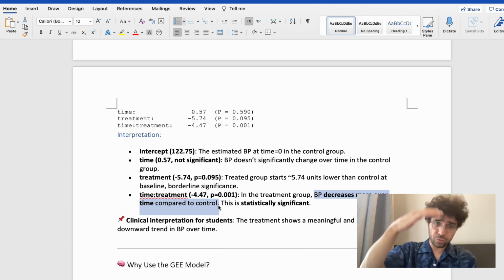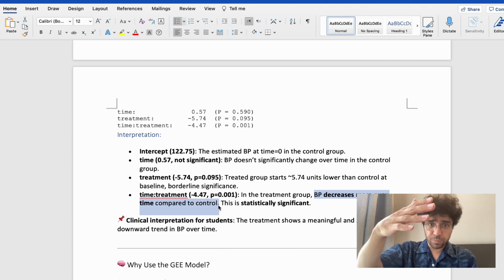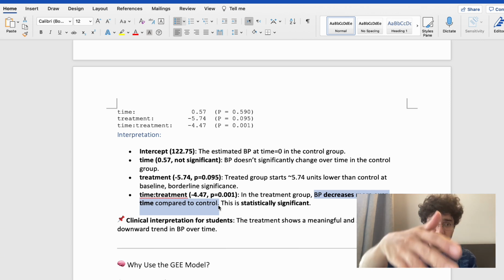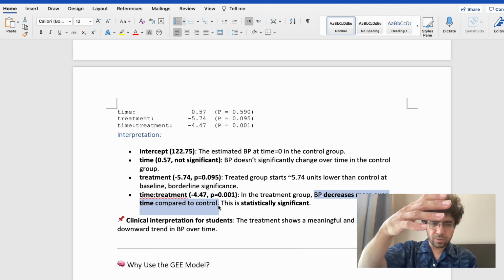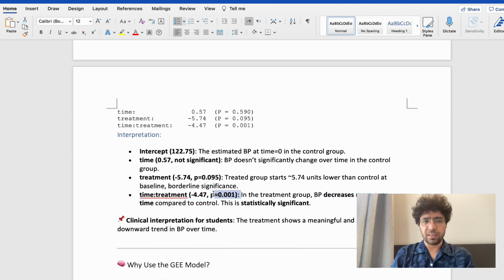So compared to the control group, in the treatment group, blood pressure decreases over time. How much does it decrease? It decreases 4.47, and this is statistically significant because of the p-value.